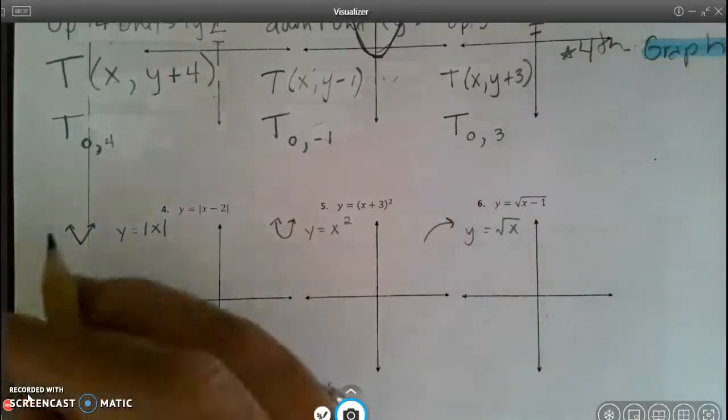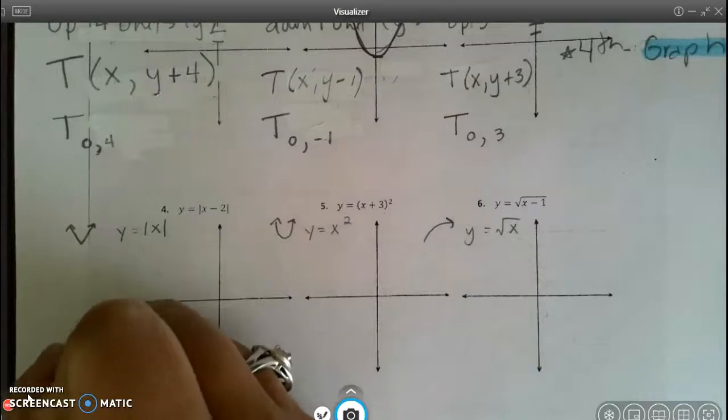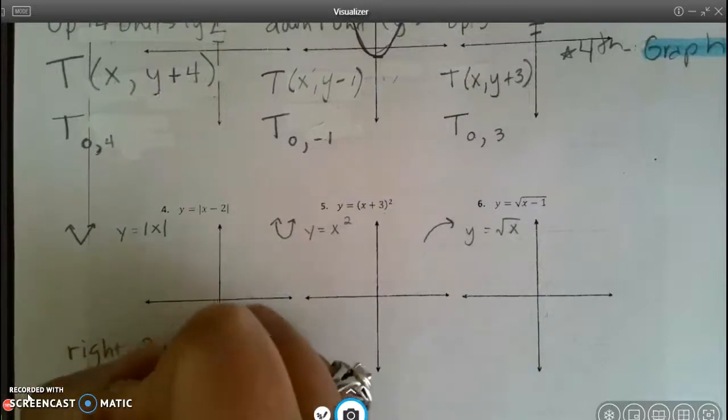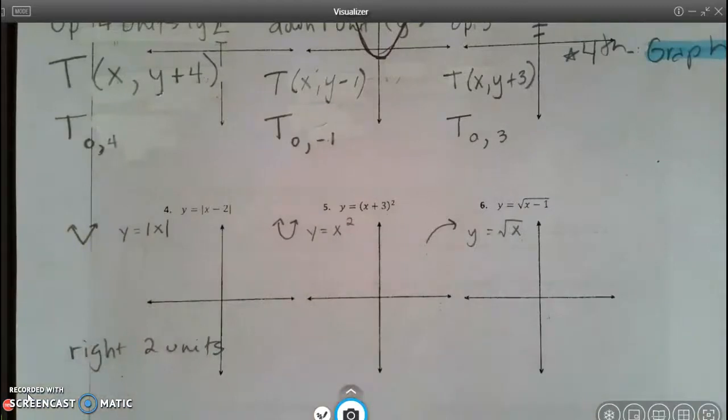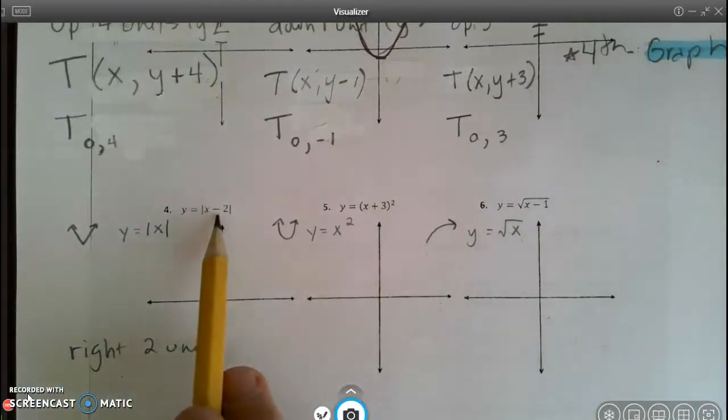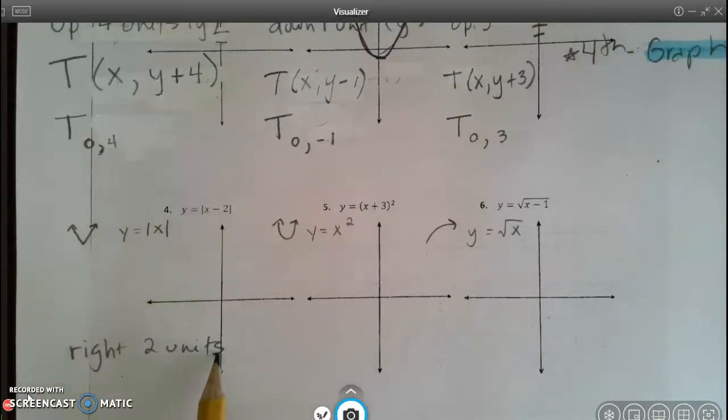All right, so for this one, it moved to the right 2 units, which I have to say I'm a little surprised. When I saw that minus 2, I thought it would either go down 2 or left 2, but it went to the right 2 units.